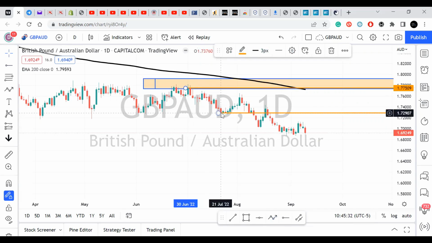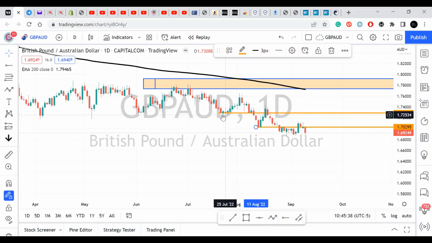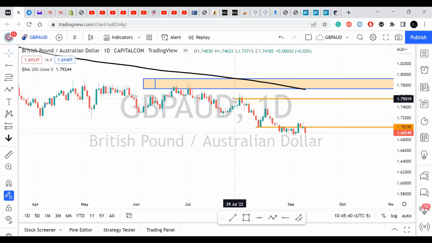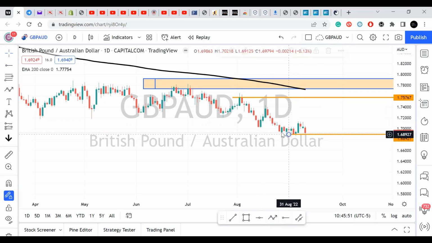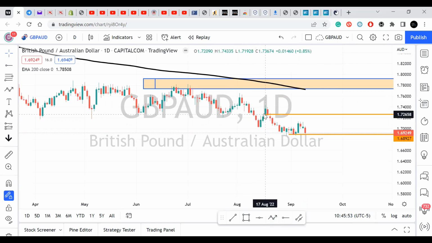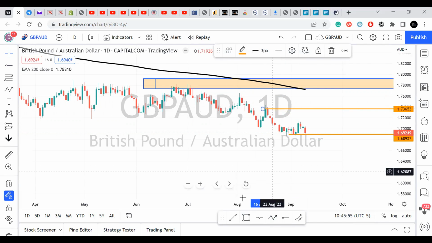So from here, price now push up and broke this low, price gave us this low, and this becomes our current high. So the price pushed up again, then broke the low, and then gave us two candles to the upside. So this is now our current low, and this is now our current high on the daily chart.